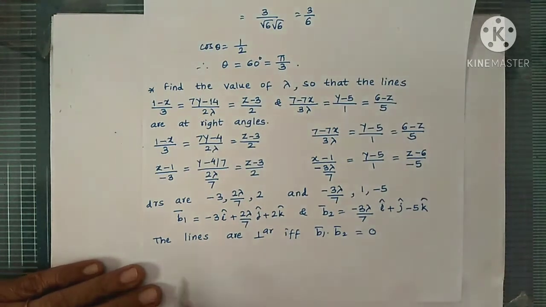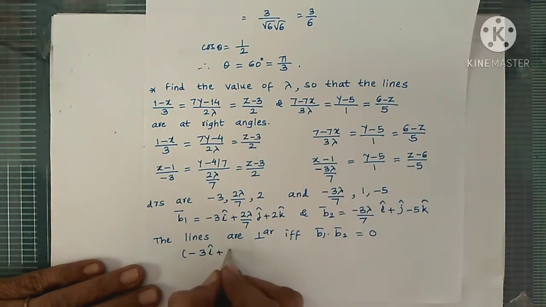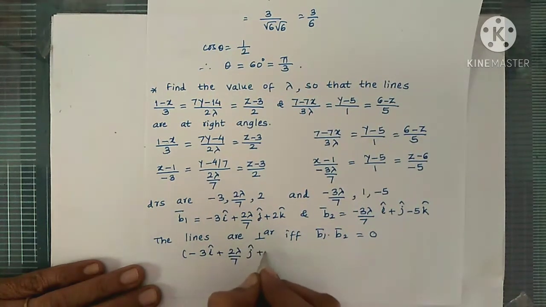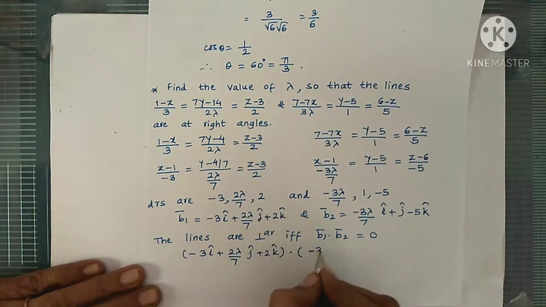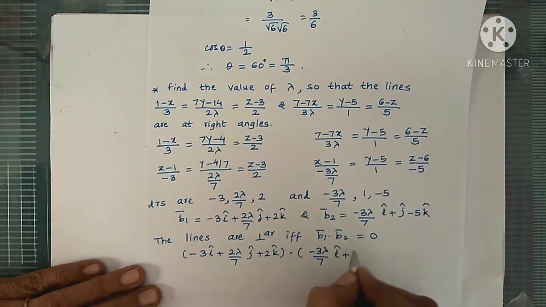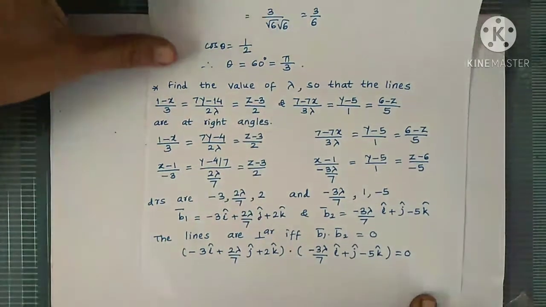So let's write the dot product. Minus 3 i cap plus 2 lambda upon 7 j cap plus 2 k cap dot minus 3 lambda by 7 i cap plus j cap minus 5 k cap equal to 0.